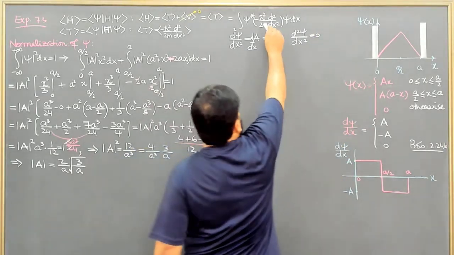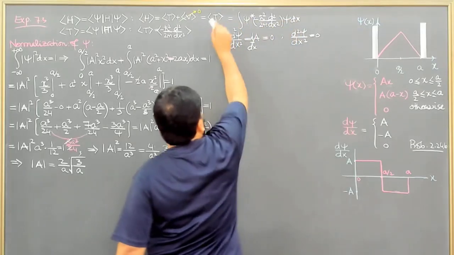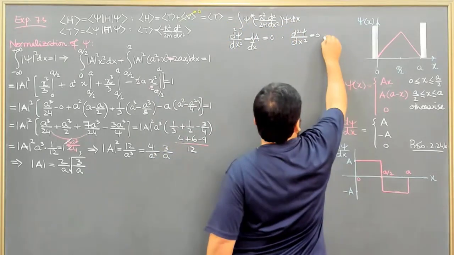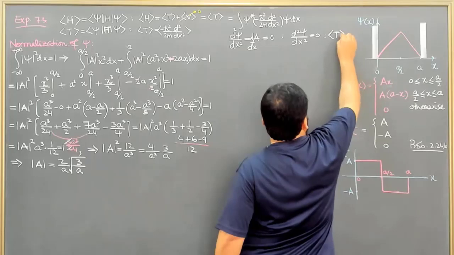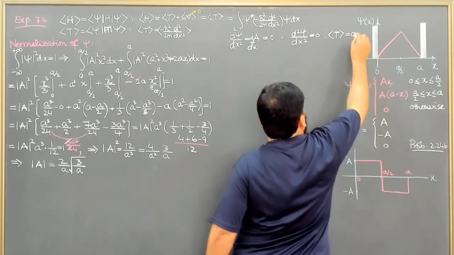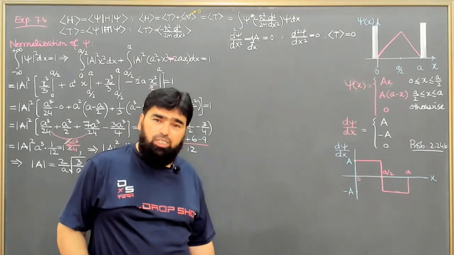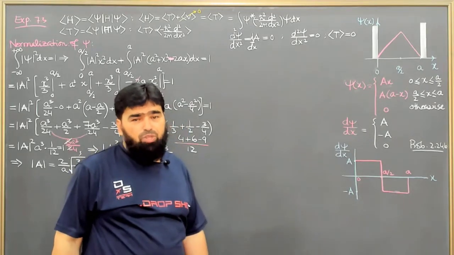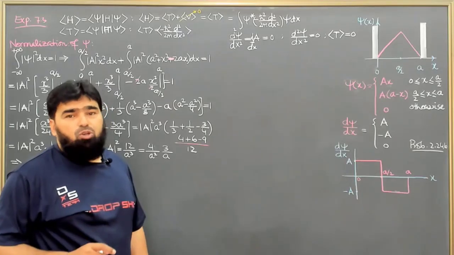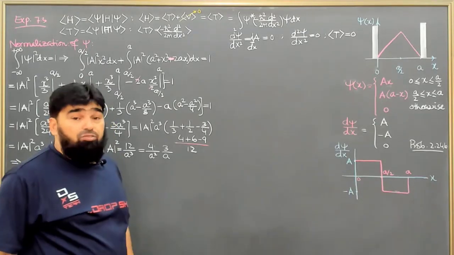So when this thing comes out to be 0, then the value of T comes out to be 0, and the calculation of the Hamiltonian or the upper bound that we calculated is coming out to be 0. Actually, it is not 0, but our calculation fails here.